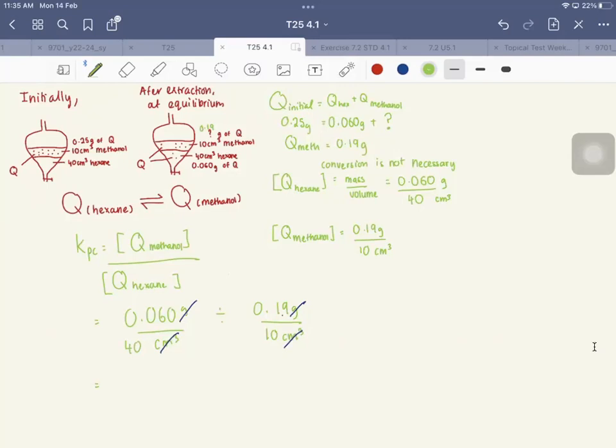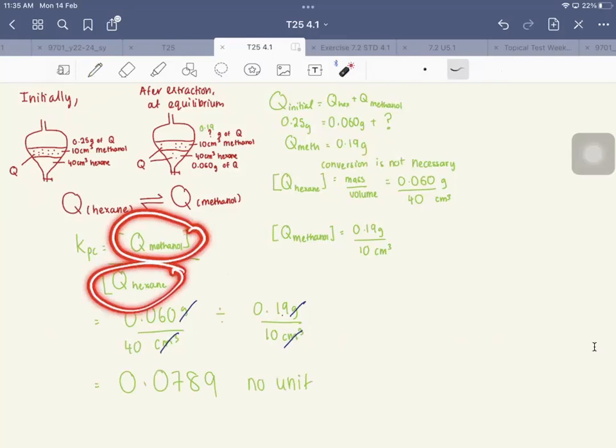Yes, that's right. I got that answer too. Thank you, Ridwan. 0.0789. And there's no unit. Okay, no unit because the concentration terms will cancel out with each other.